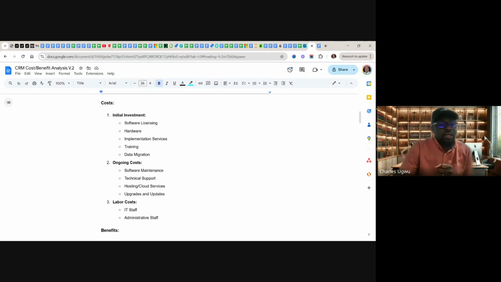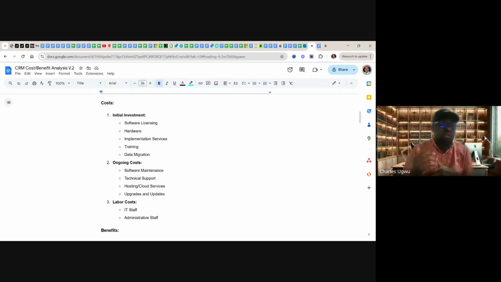Under initial investment, we have software licensing, hardware costs, implementation service, training, and data migration. These are the initial investments. And then we have ongoing costs. When we implement a software or a solution, it's not just there.